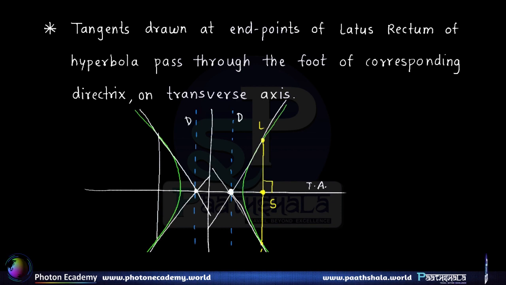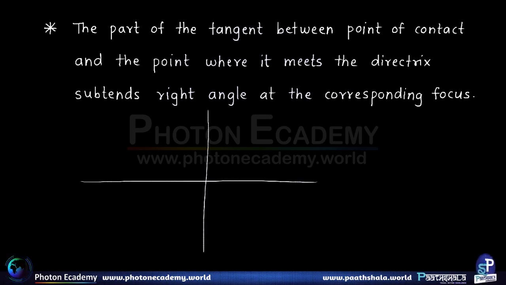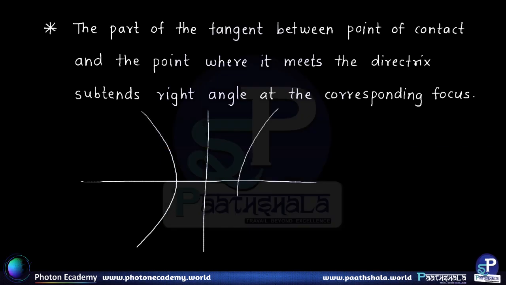Alright, let's go ahead. The part of the tangent between the point of contact and the point where it meets the directrix subtends a right angle at the corresponding focus. Now this is also very similar to what we have in the case of the ellipse. Let us show the directrix in blue, something like this.